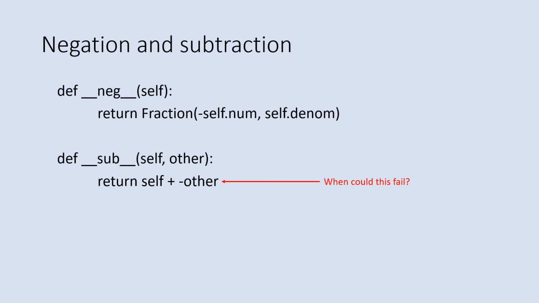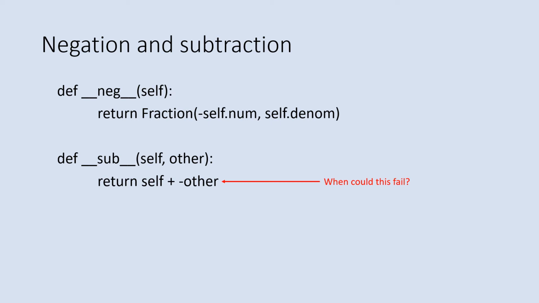And so we might not put this line right here, return self plus negative other, because if the user is way off base and trying to have a fraction minus something that doesn't make sense at all, we might want to handle that and account for it.